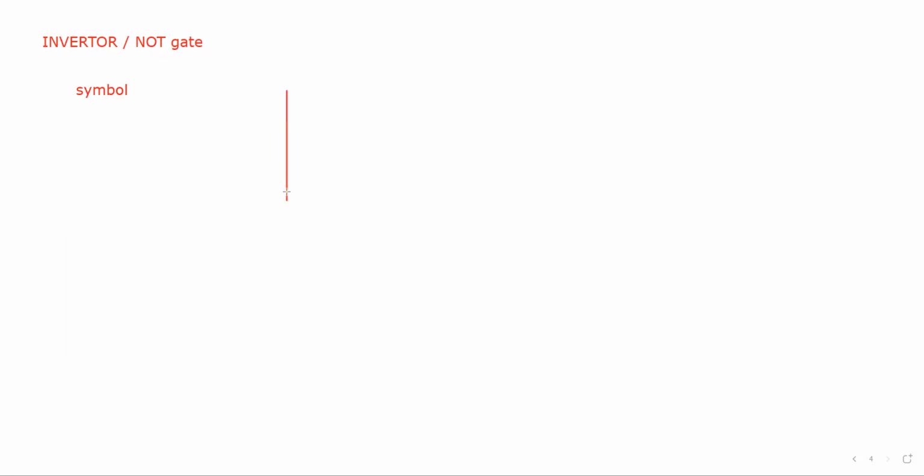Why do we call this a NOT gate? Compared to other gates, which have two inputs and one output, the NOT gate has only one input and one output.